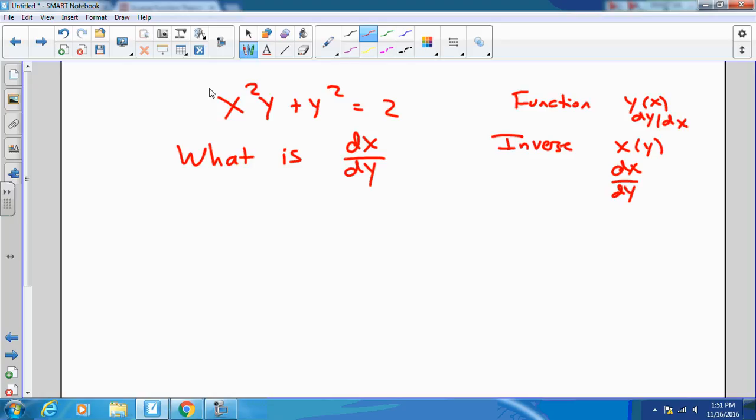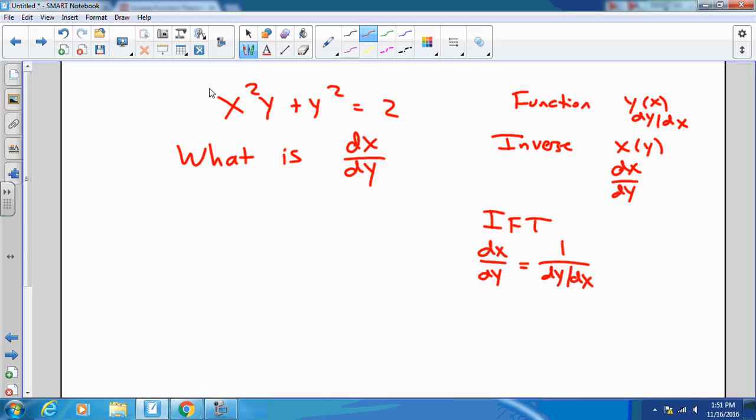Just like the derivative of the function is spelled dy dx. Does everybody see that reciprocal relationship, where we are exchanging x's and y's? And the meaning of the inverse function theorem in light of this is that dx dy is simply the reciprocal of dy dx. That's it.